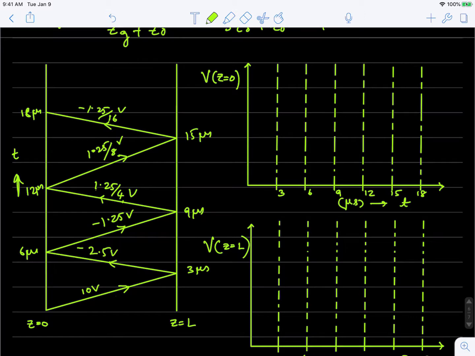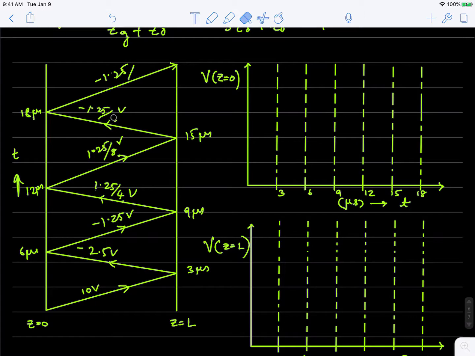We'll just do another one just to be on the safer side so that we get enough signal. By this time we will have a signal which is 1.25 divided by, so if this was 8, my 8 into 4, 32.